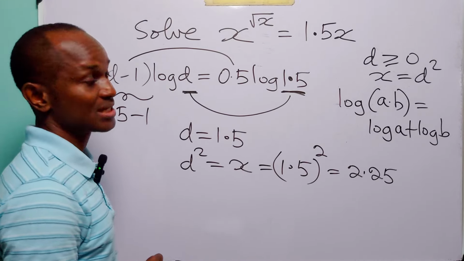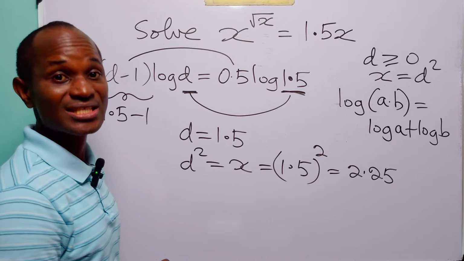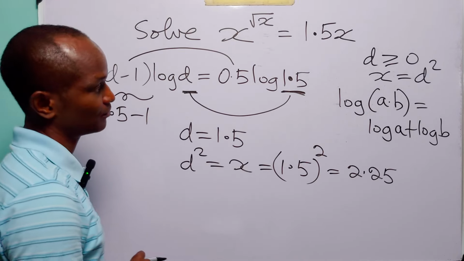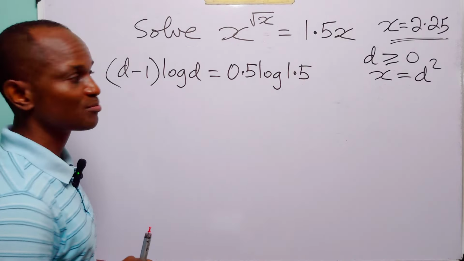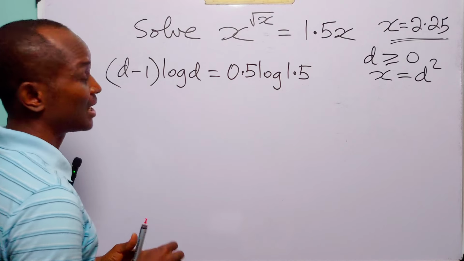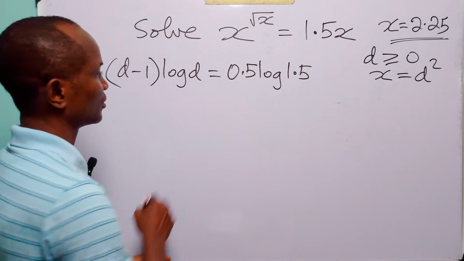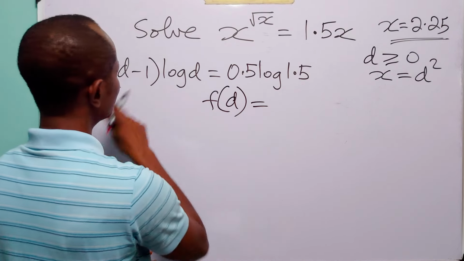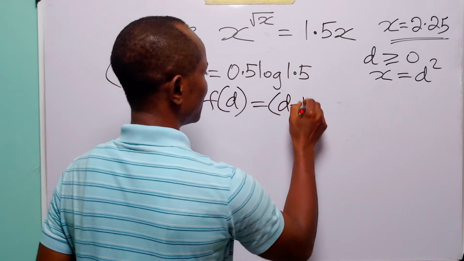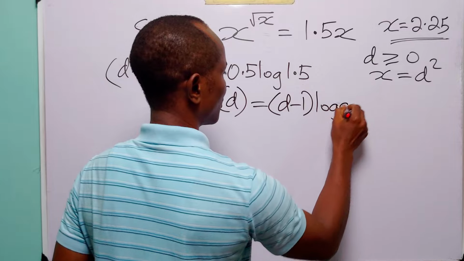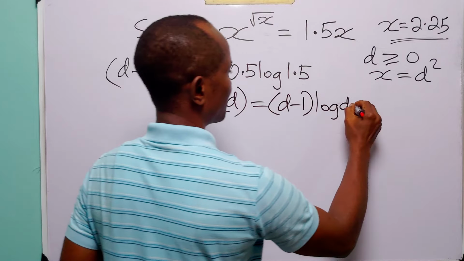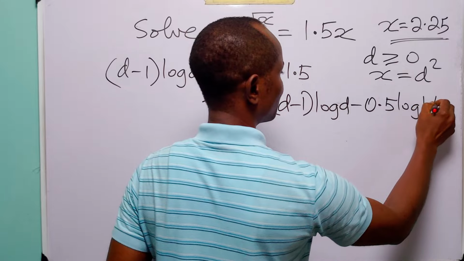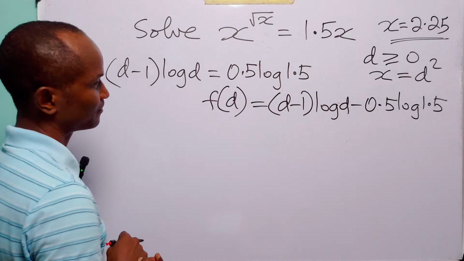But now the question is, how do we know that this is the largest value of x that satisfies this equation? Once more, let us look at this equation and consider the function f of d equal to (d minus 1) log d minus 0.5 log 1.5.